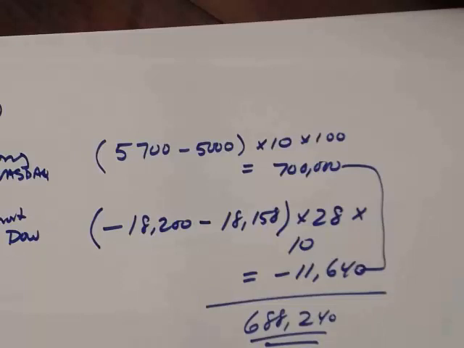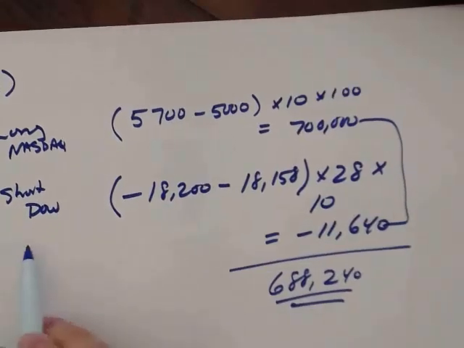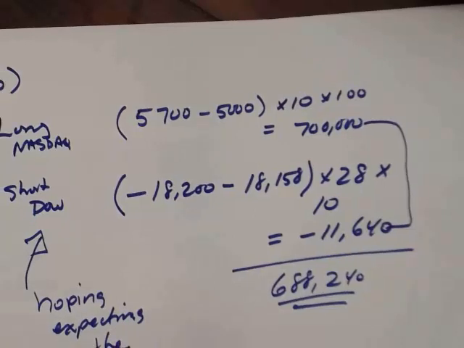So basically what we're doing in this problem is we are expecting the spread to narrow between these.